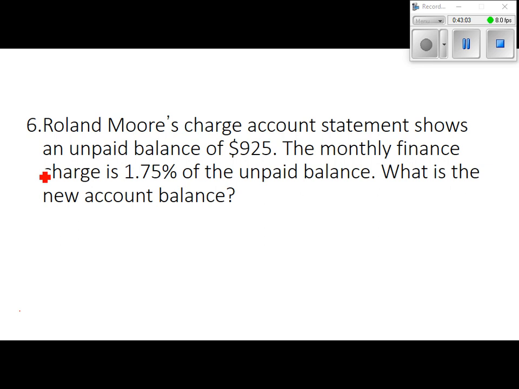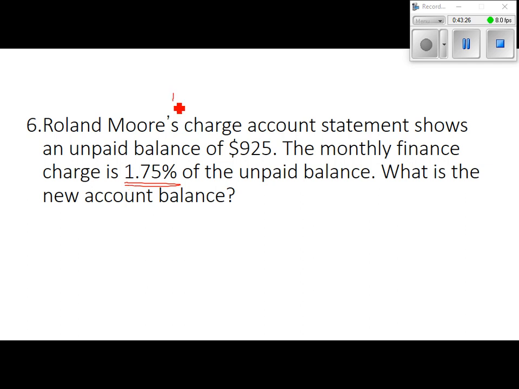Roland's charge account statement shows an unpaid balance of $925, monthly finance charge 2%. These are being nice because they've already divided for you and everything. What is the new account balance? Again, about 2%. Round this off, let's make it about $1,000. So for every $100, it's $2.